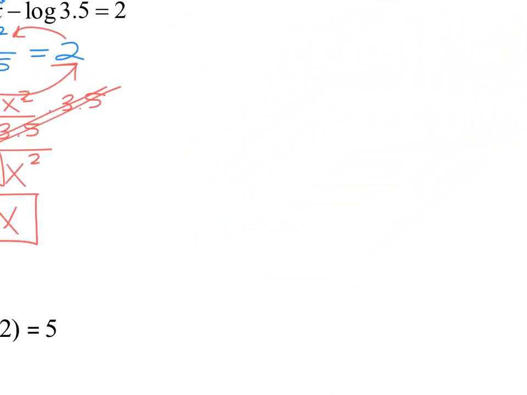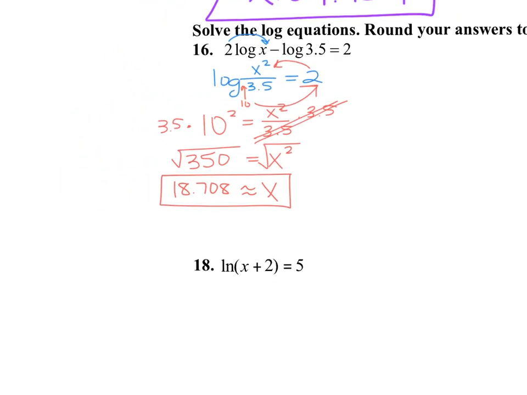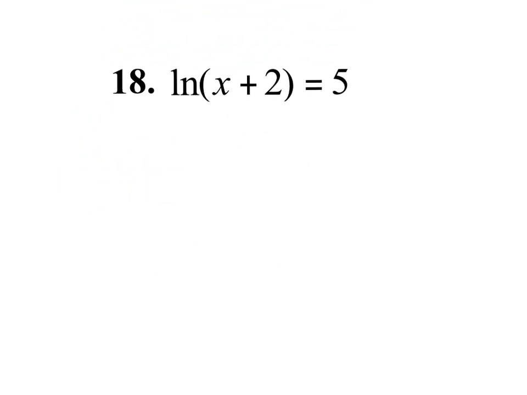All right. Where'd we go? There we go. Natural log of x plus 2 equals 5. What do you do? Set up an e to the fifth equals exponent. Right. So there's this e down here. Set it up in exponential form. So e to the fifth power equals x plus 2.